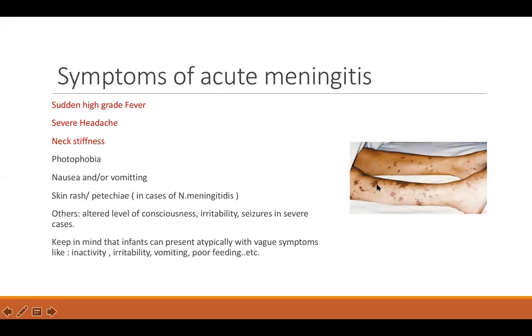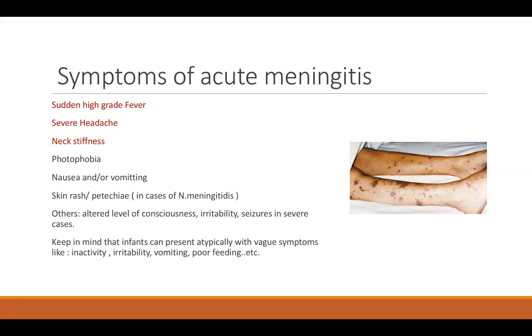What is the most likely organism? Neisseria. We will understand why it causes this kind of rash or petechiae when we talk about the pathogenesis of Neisseria, but it's a very important finding. Others include altered level of consciousness, irritability, and seizures in severe cases.